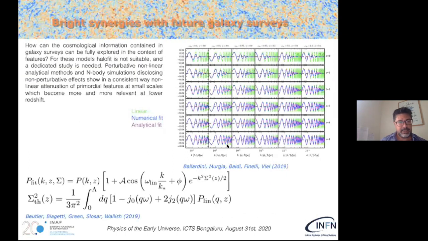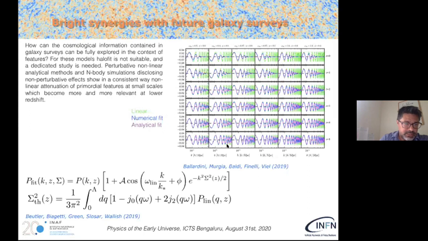But then the next question is, how can the cosmological information contained in galaxy surveys be fully explored in the context of features, in particular those global models with features extending to the very small scales probed by galaxy surveys? For these models, commonly used methods such as halofit are not suitable, and a dedicated study is needed.